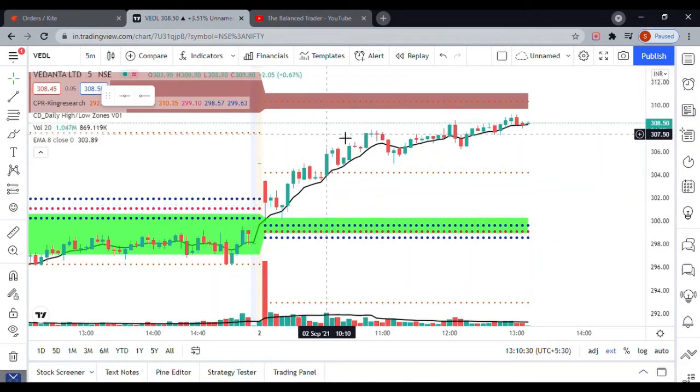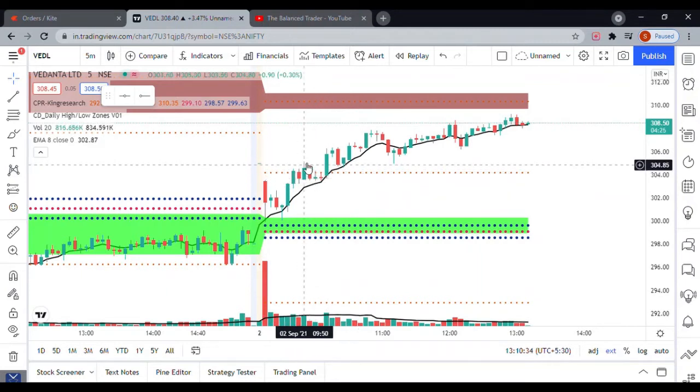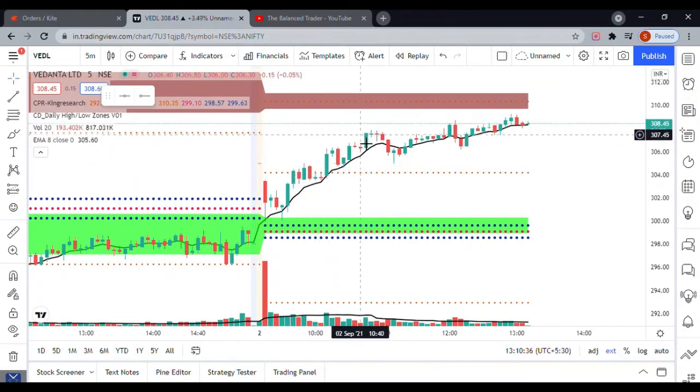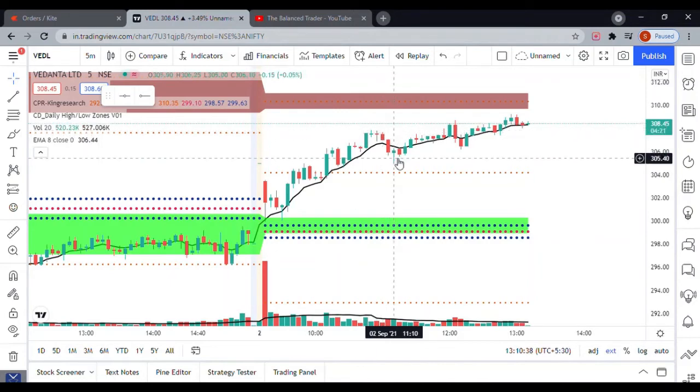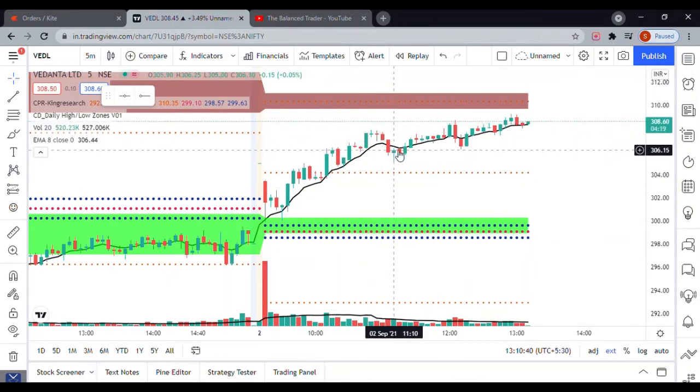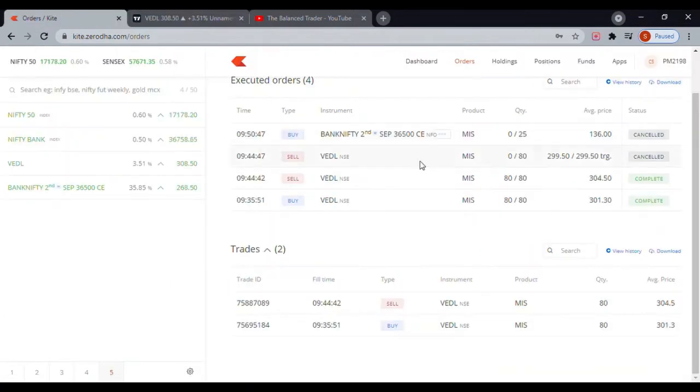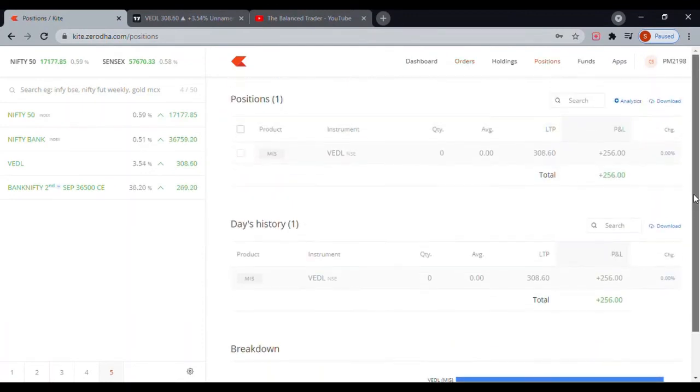Whenever the price comes to this 8-day moving average, it can take support. Whenever it breaks, that time you exit the stock, around 306. The profit would have been more, but I closed the position early. The profit is 250, around 1%. I have invested around 5,000 rupees and I got 256 rupees of profit.